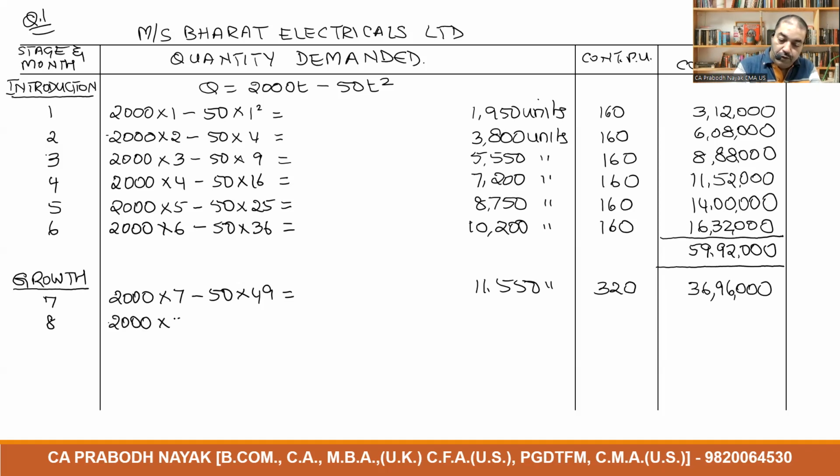Two thousand into 8 minus 50 into 64. 12,800 units into 320. 40,96,000.